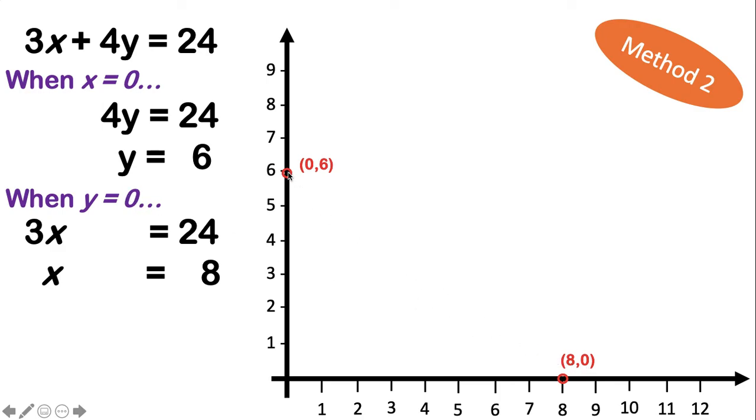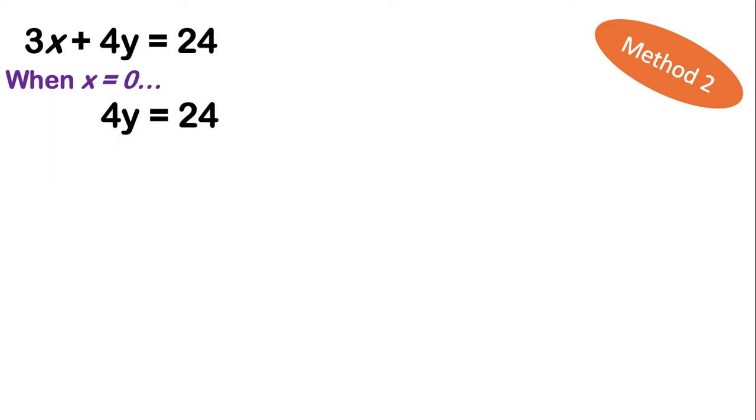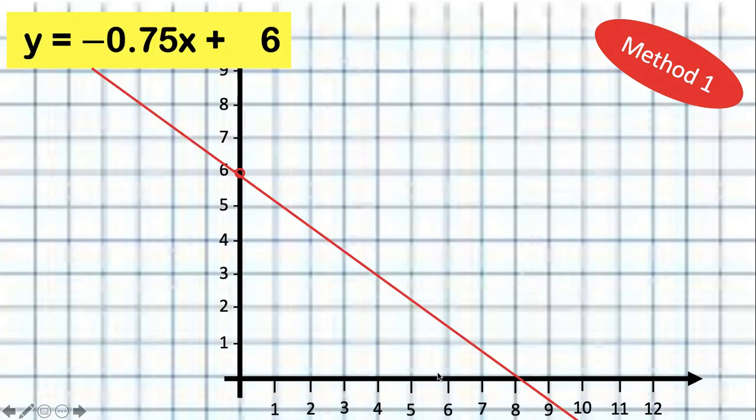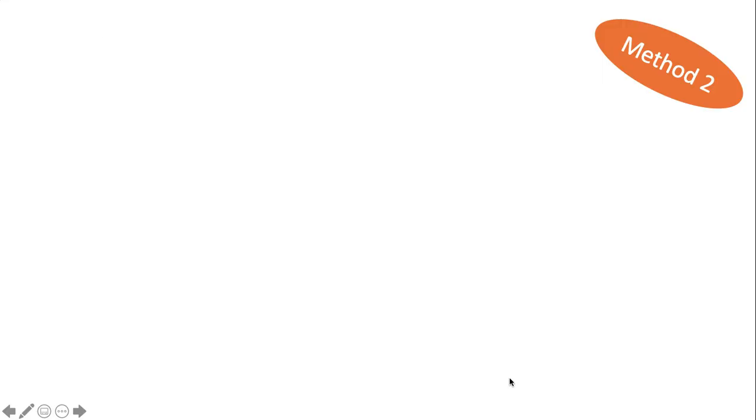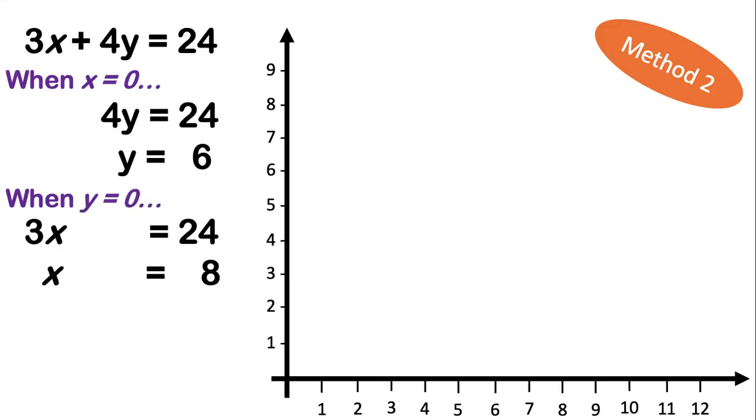So if we can figure out the 2 points where it cuts the axes, and we know it's going to be a straight line, we just have to join them up. And that gave me exactly the same graph as before. The graph I had before went through 6 and 8 on the axes, but doing it this way, where you think about where it cuts those axes, I found a lot easier.